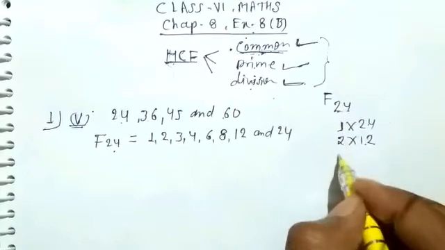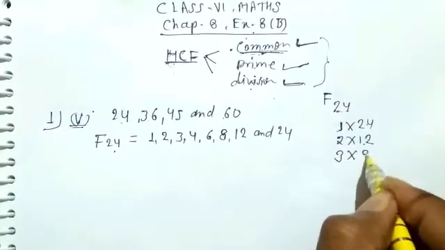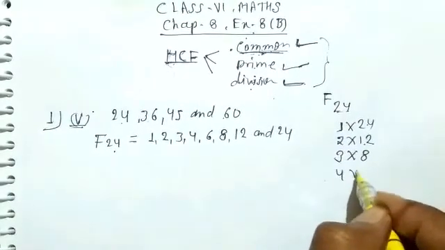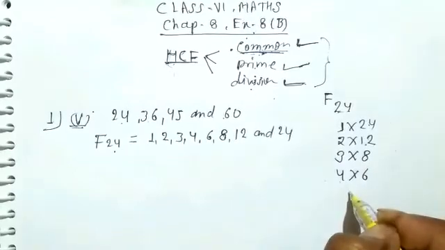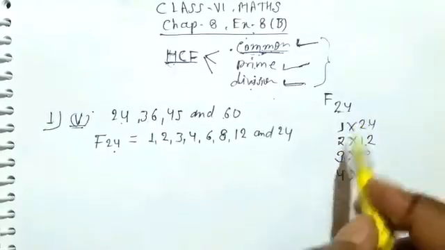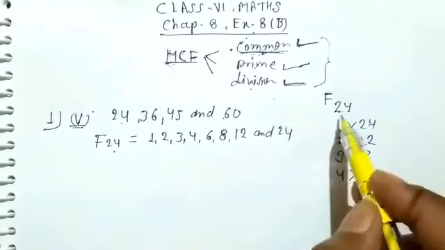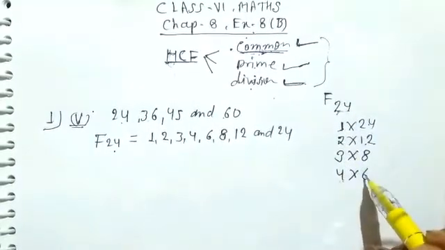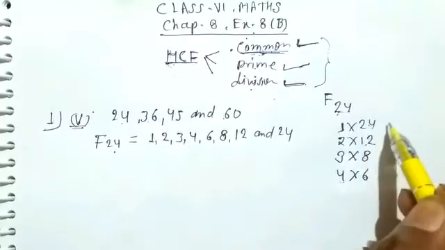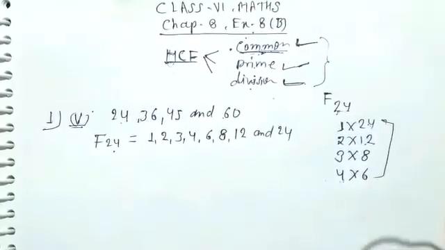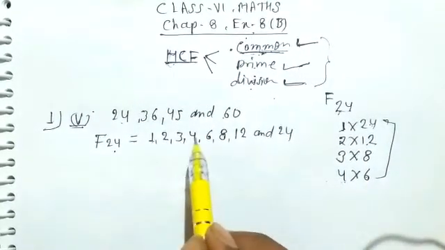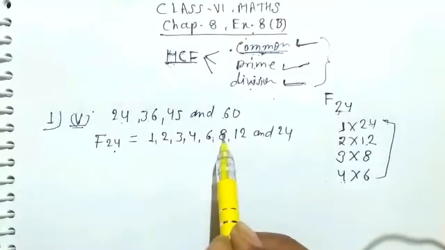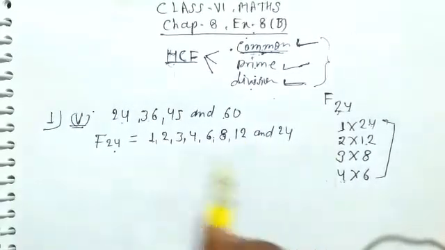And 24 will be divided by 3 also: 3 into 8, and then 4 into 6. 5 does not divide 24. So the factors of 24 will be 1, 2, 3, 4, 6, 8, 12 and 24. This is the proper method.